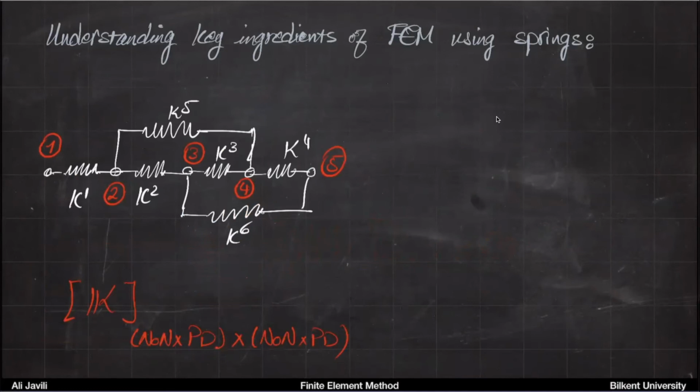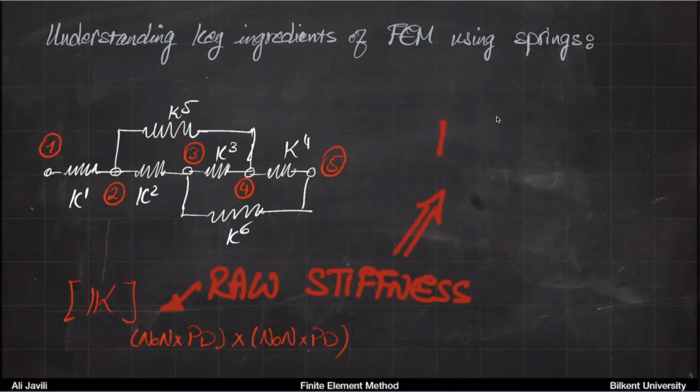Okay, so again, this is like a raw stiffness dimension. And then as I mentioned, usually we do some magic later that we will learn, and we call that reduced stiffness. But anyway, the symmetry property would hold always.